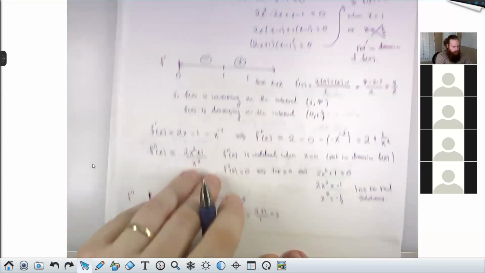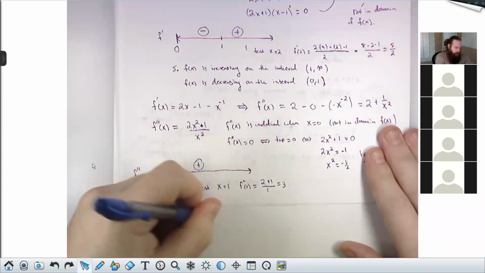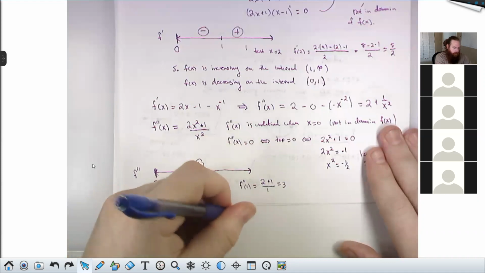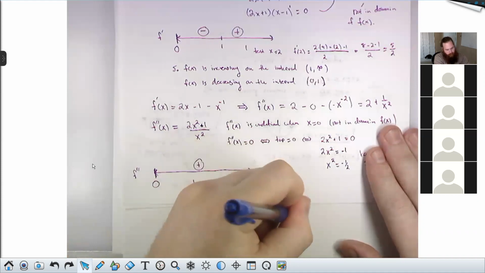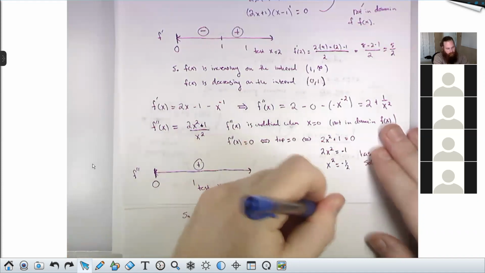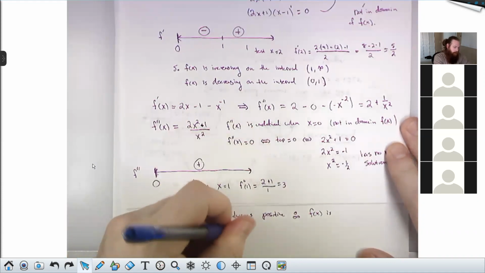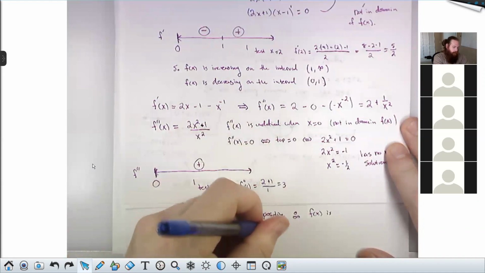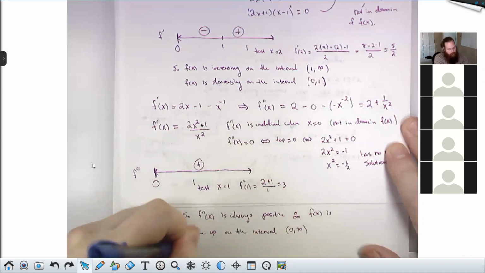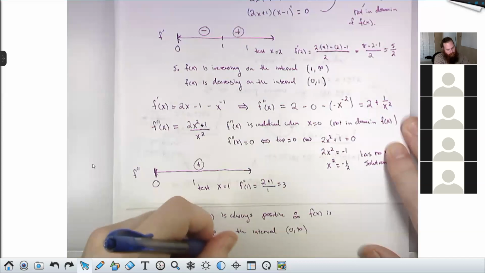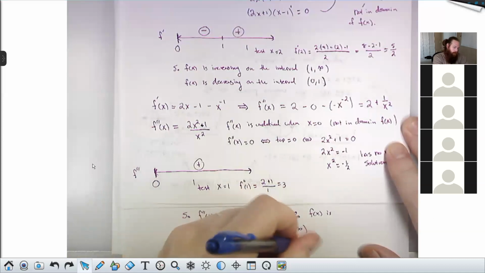I'll finish this here. So f double prime of x is always positive. Therefore, f of x is concave up on the interval 0 to infinity, its whole domain, and concave down nowhere, or DNE.